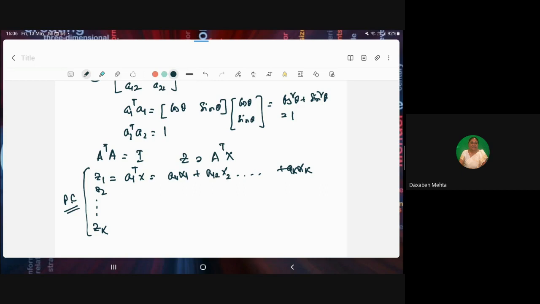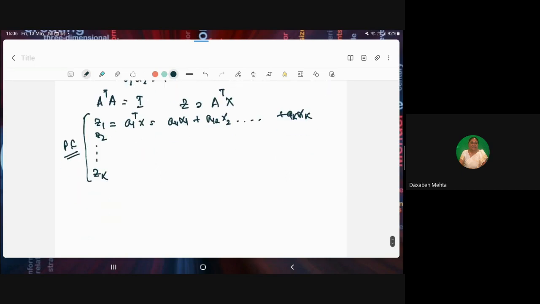So look, what is important when you interpret the results: Z1, the first principal component, is arranged in such a way that it carries the maximum variability. That means it is the most important. Z2 is the second principal component, which carries the next maximum variability.